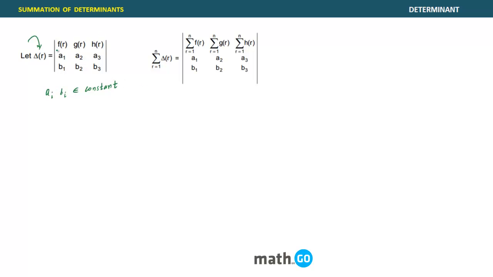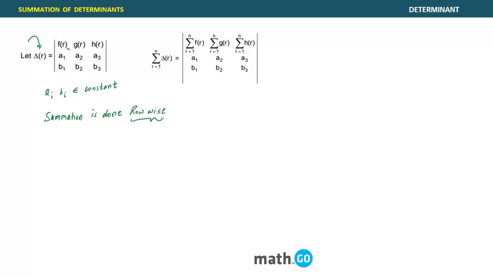So if the variable is in one row, then the summation sign will completely go into that particular row. Just understand that summation is done row wise. This is what you have to remember.